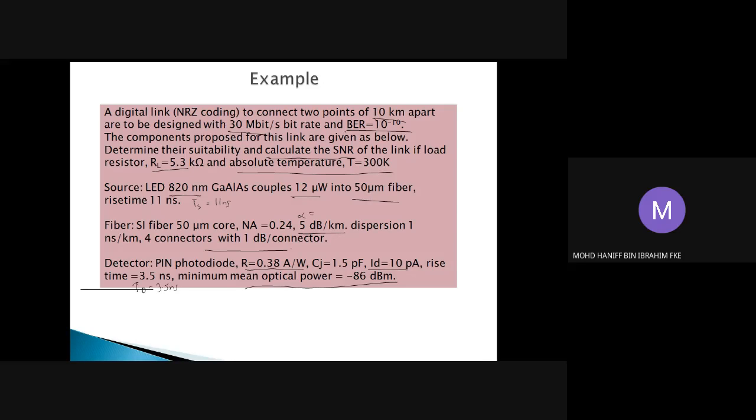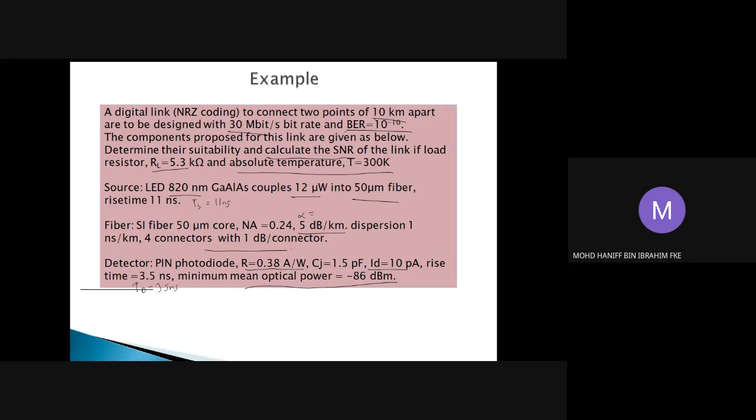Based on these given components, we notice that both rise time and also gain or losses for the components are given. So in order for us to check their suitability, we have to use both methods as what we have seen in the previous example, where we have to adopt the rise time budget, and also the power budget analysis, to show whether the components are suitable to be used.